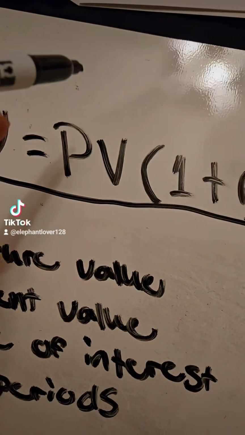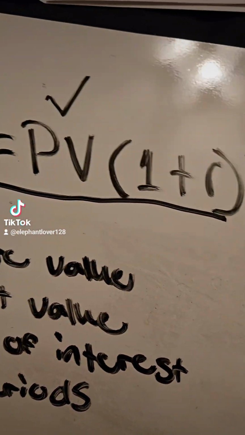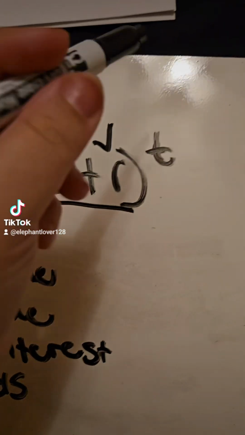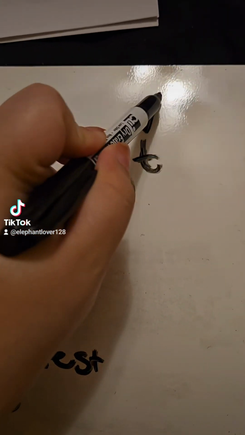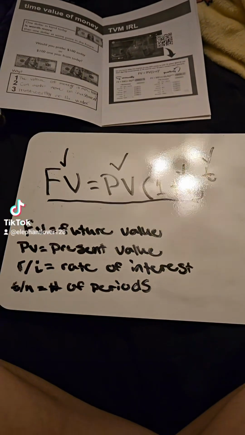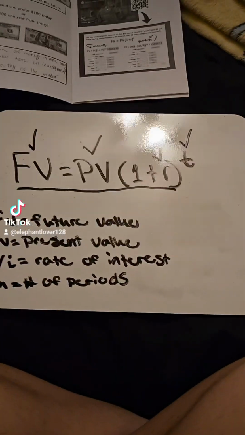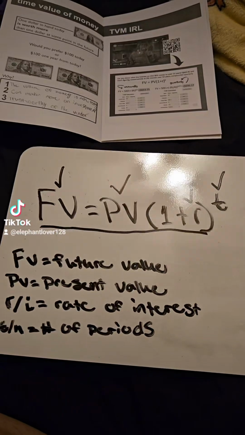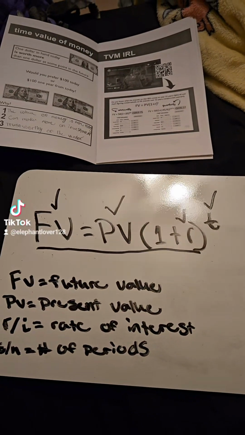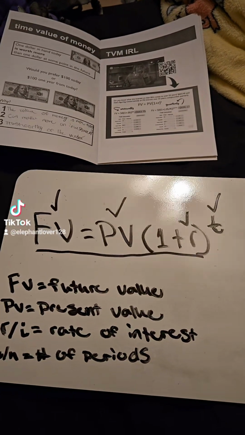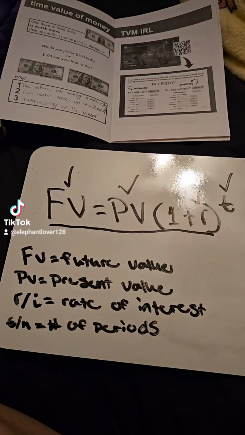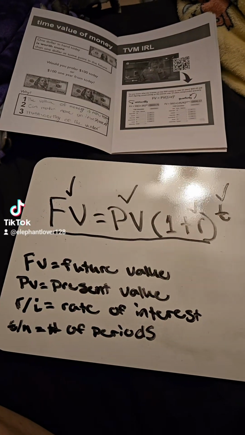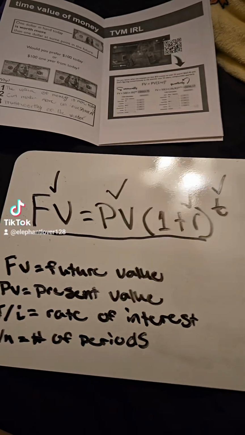We can make an equation to solve for PV, which I will show you, and we can make an equation to solve for R as well, and we can make an equation to solve for T. Now, you can also do this on a financial calculator, which most people tend to do because then they don't have to do the longhand math and understand how to fully simplify it and solve the problem. So without further ado, let's get into some examples of solving for FV, PV, R, and T.